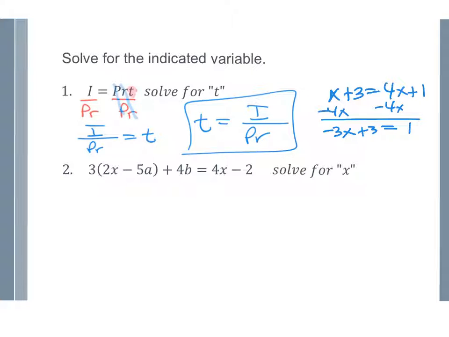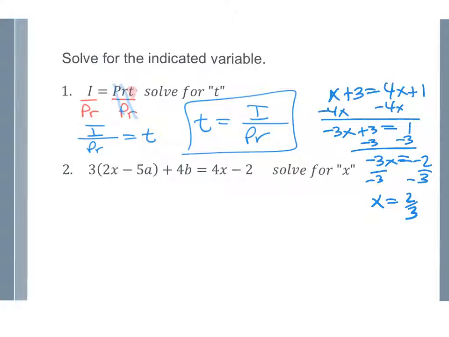And then we move everything that's not an x to the other side. And then get negative 3x equals negative 2, divide, and then we actually got a value for x. This time when we isolate x, we're going to have letters in our answer, not just a single number. But our process is still the same.